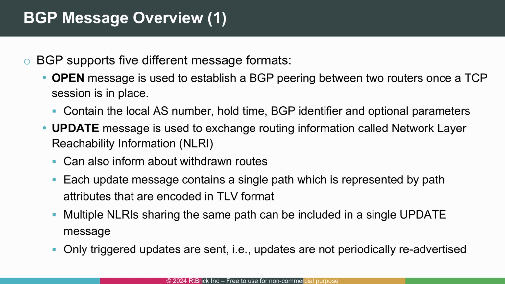In BGP terminology, the list of destination prefixes is called Network Layer Reachability Information, NLRI. Multiple NLRIs sharing the same path can be sent within a single update message. An update message may also include a list of withdrawn prefixes, which are no longer valid.